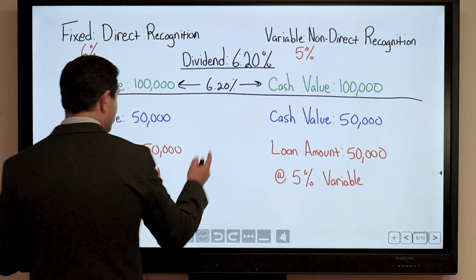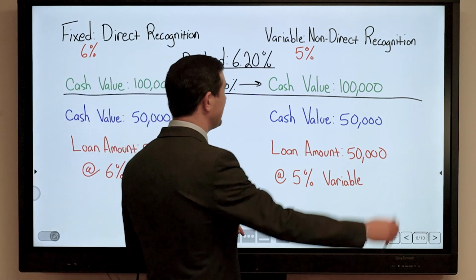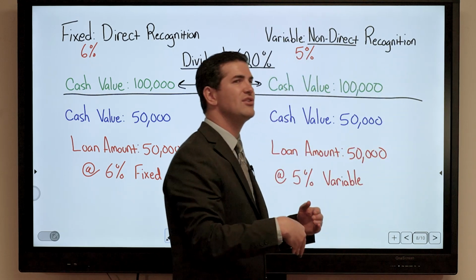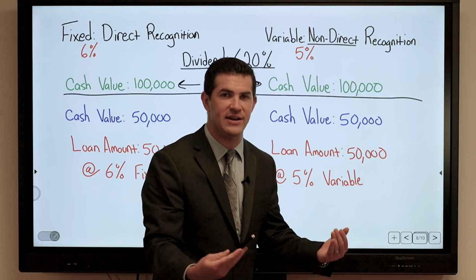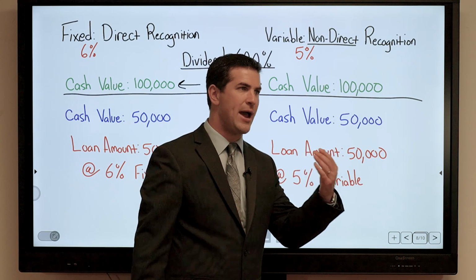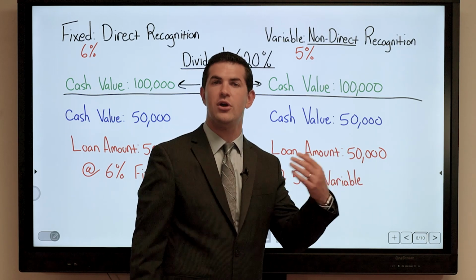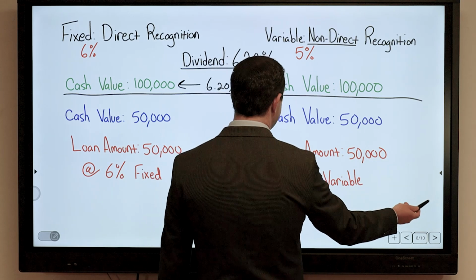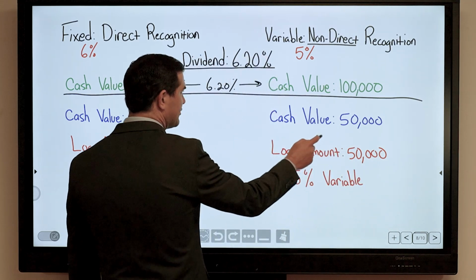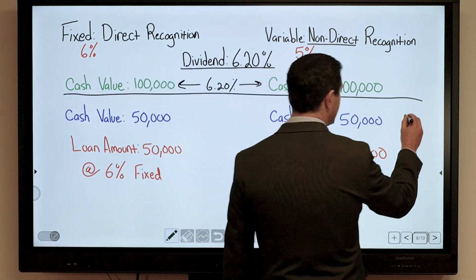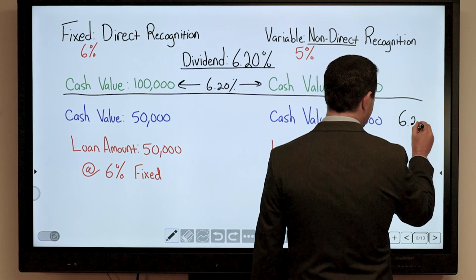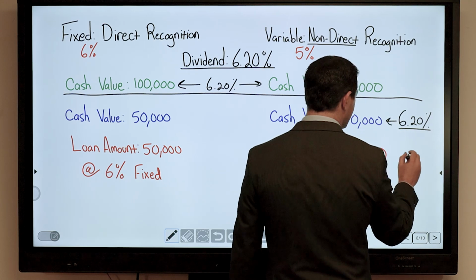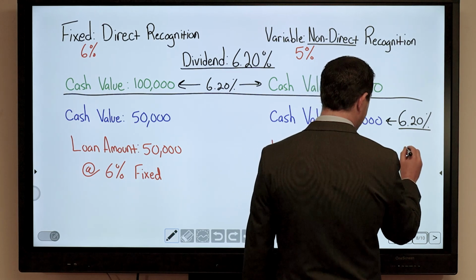So let's start with a non-direct recognition company. And it's kind of in the name here. A non-direct recognition company does not recognize that I take a loan out in respect to how they pay dividends and interest on my money. So if I were to loan out $50,000, so I've got $50,000 in cash value, I'm yielding the 6.2% dividend here, and I also loan $50,000 out.